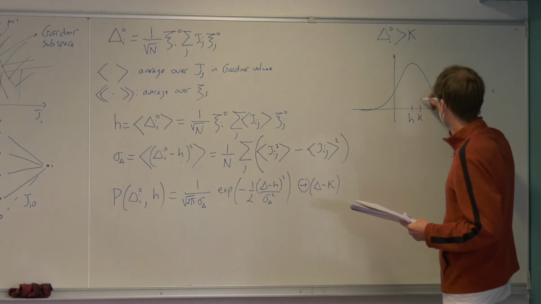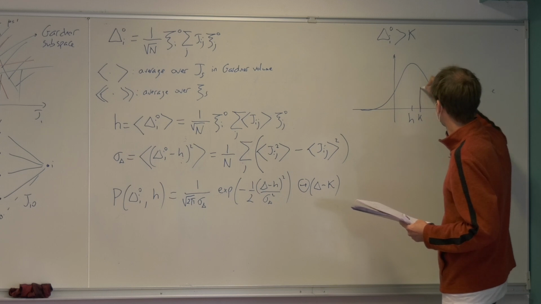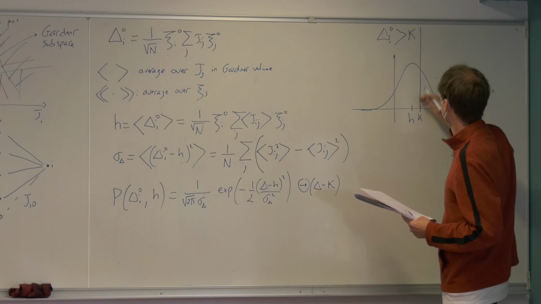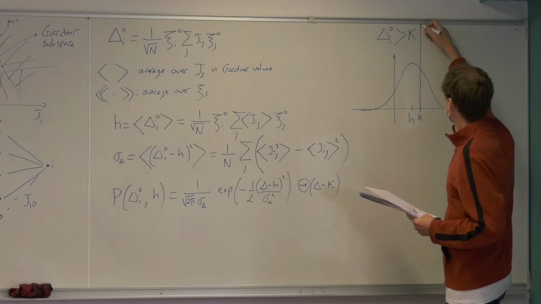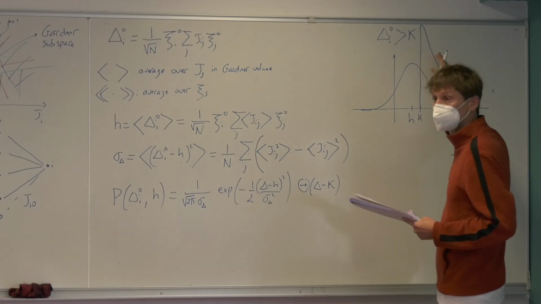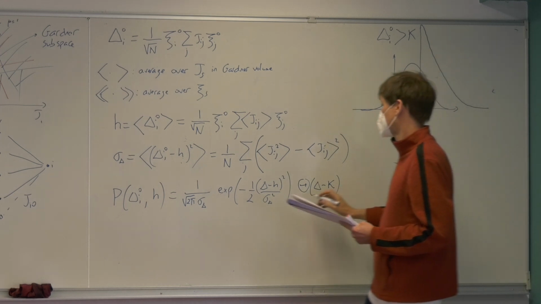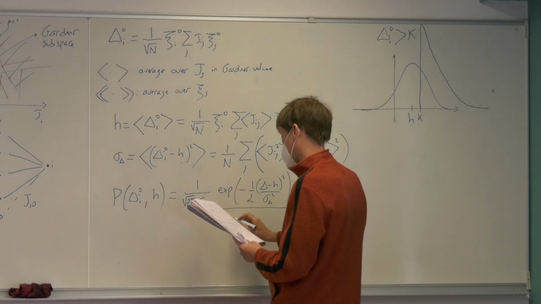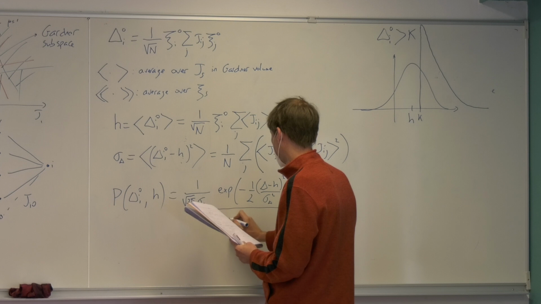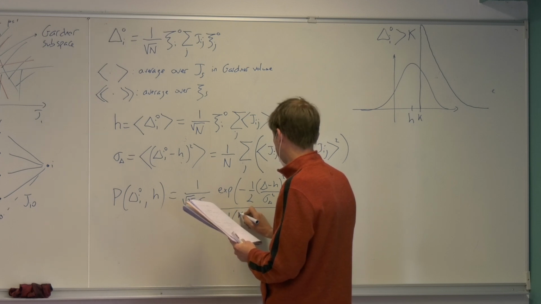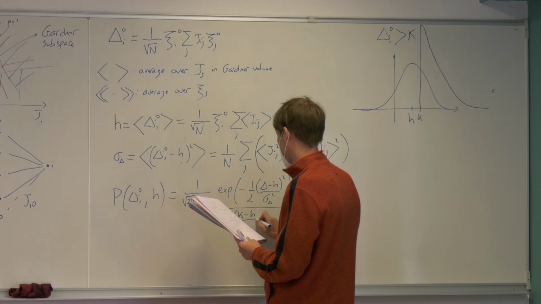So what this will do is that we'll have now a distribution that's a truncated Gaussian, and of course we have to normalize this distribution, and so that means dividing by a normalization, which would be H of (k minus h) divided by sigma delta.